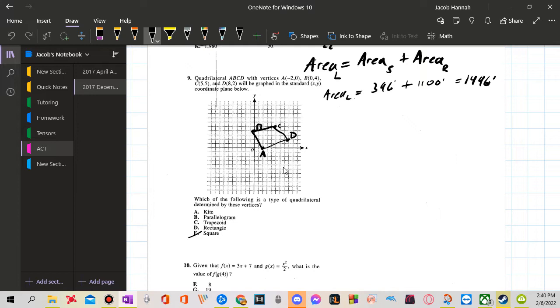A rectangle has two pairs of sides that are the same, so that won't be it. A trapezoid has only one pair of parallel sides, so that won't be it. A parallelogram has two sides that aren't the same, but they're kind of slanted, at least I think so. Let me pull up something.